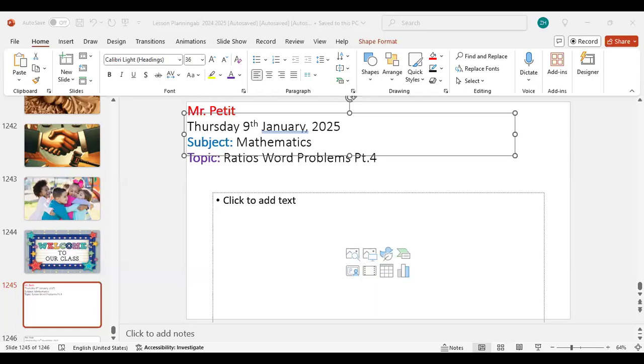It doesn't only have to be 2 quantities. It could be more, like 3 quantities that we're talking about, and we're trying to find the ratios of it. So we find a total equal part, and then we can do it like that.